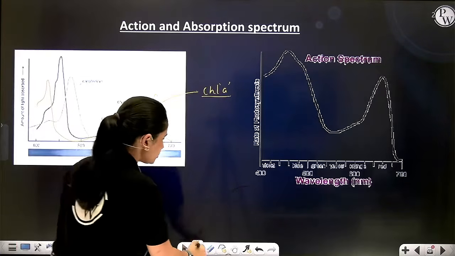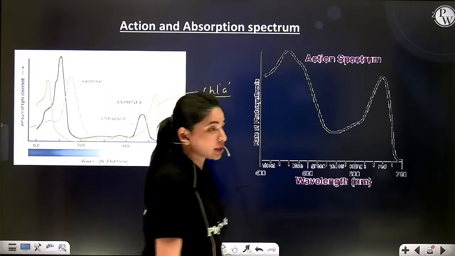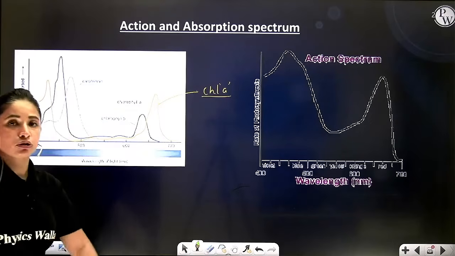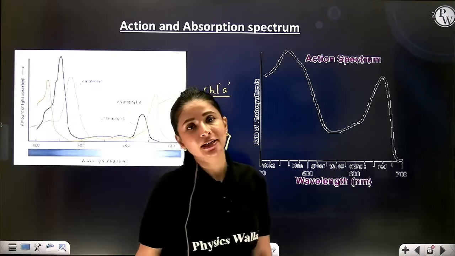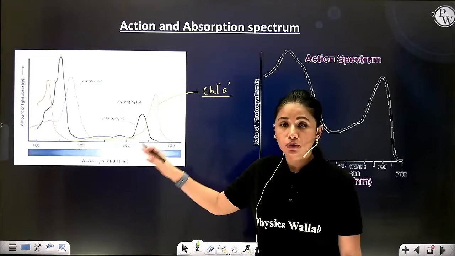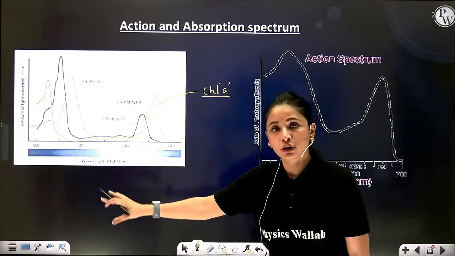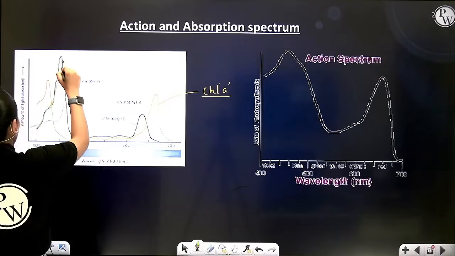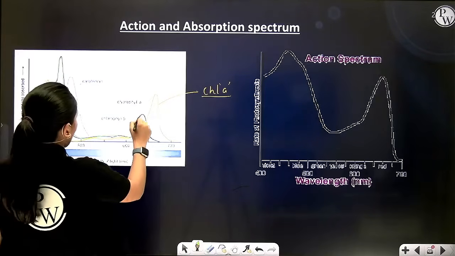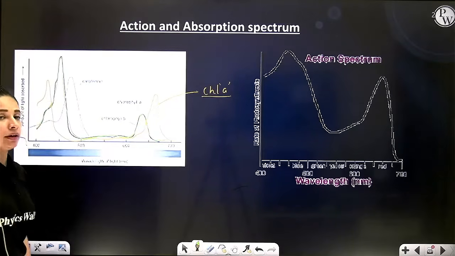Now talking about the next photosynthetic pigment, which is chlorophyll B. Chlorophyll B also absorbs in two regions, but it majorly absorbs more in the blue region as compared to chlorophyll A, and it also has two peaks, one at the blue region and another at the red region.